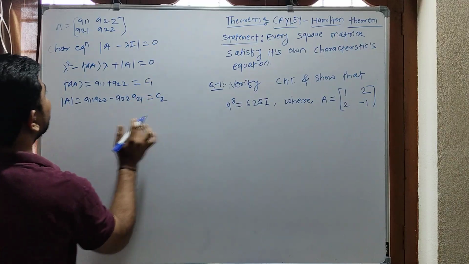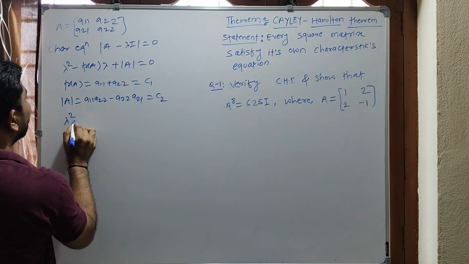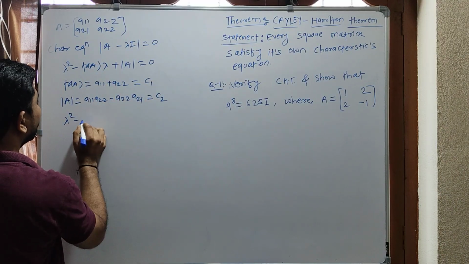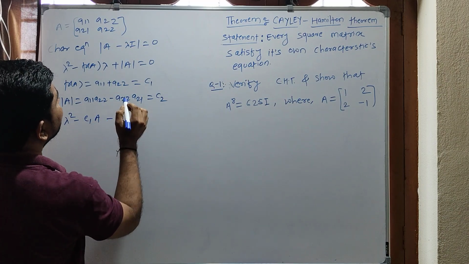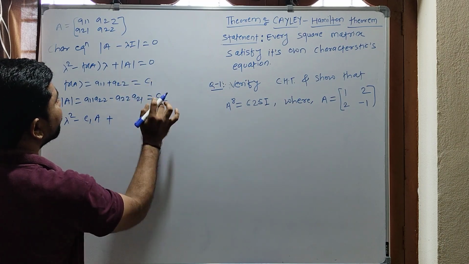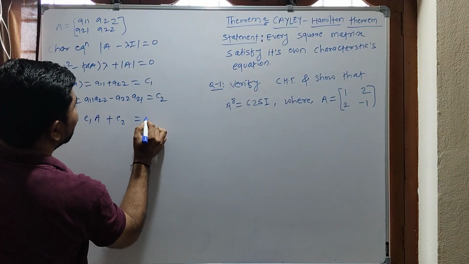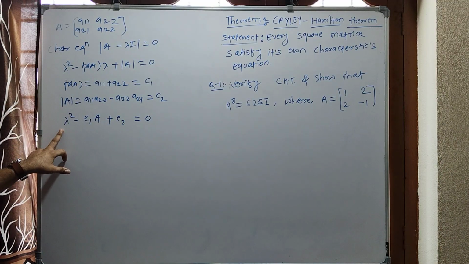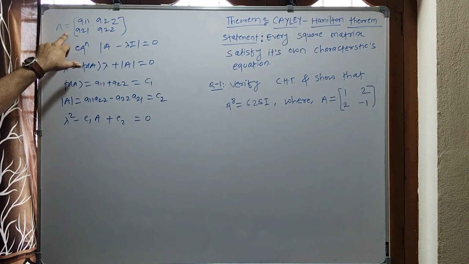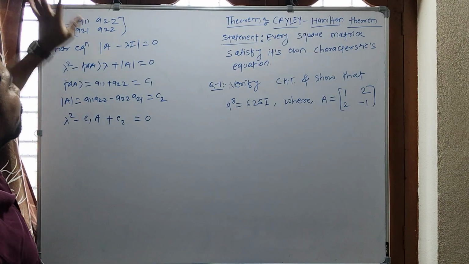So this equation 1 becomes lambda square minus C1 lambda plus C2, which is equal to 0. This is the characteristic equation of this matrix. Here A is a very general matrix of order 2 cross 2.